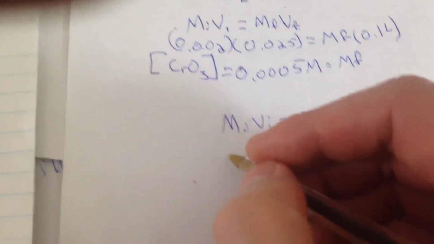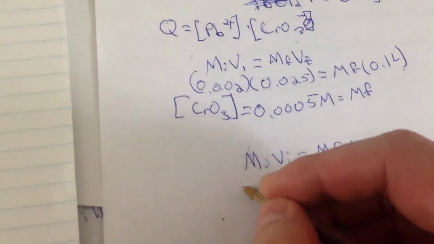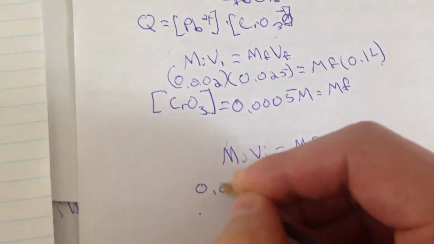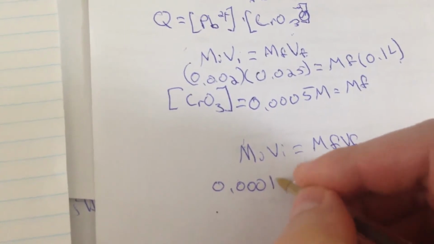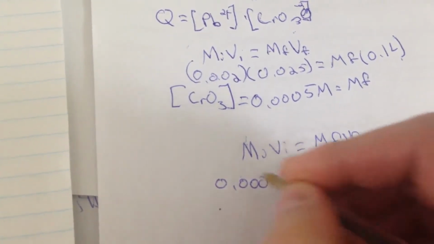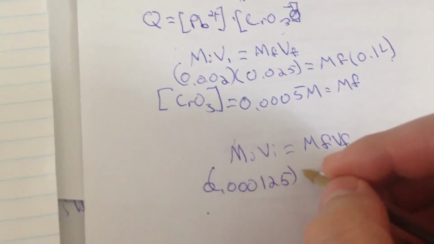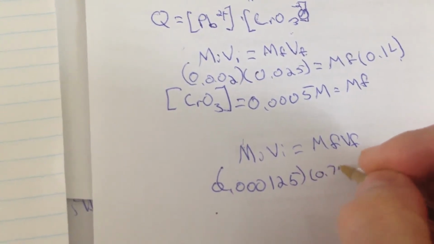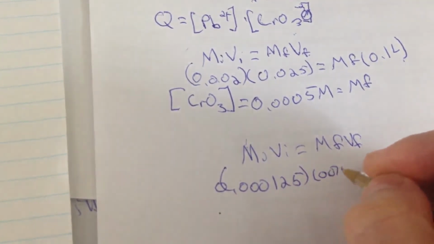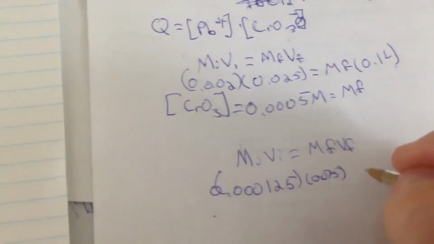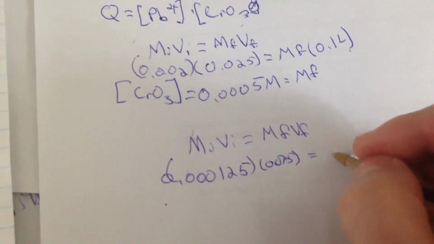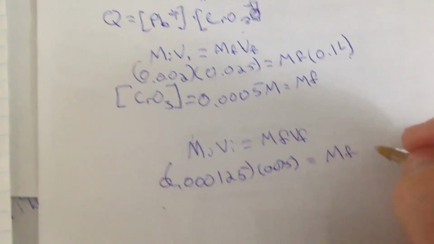My initial molarity for the lead was 0.00025. The volume was 0.07 liters. My final molarity, I don't know.